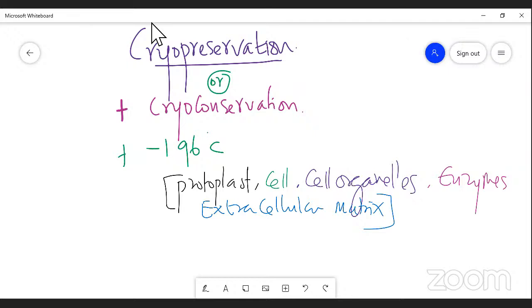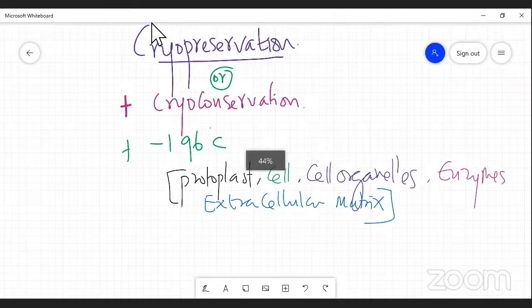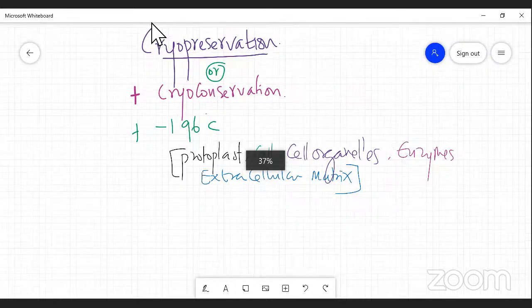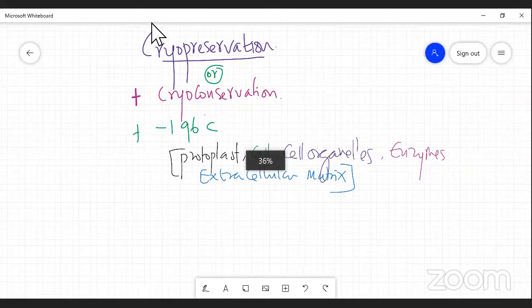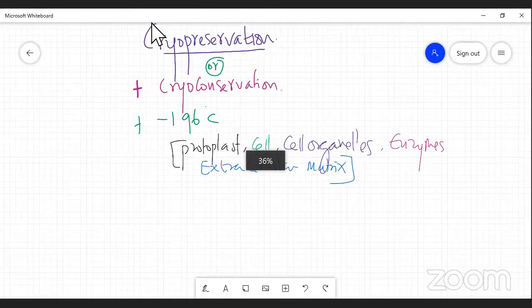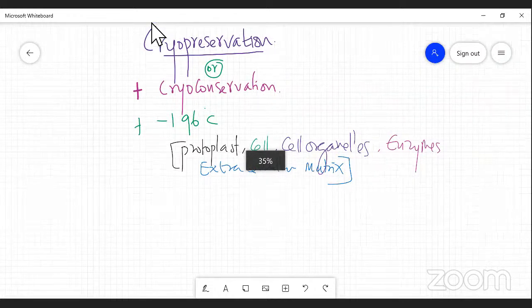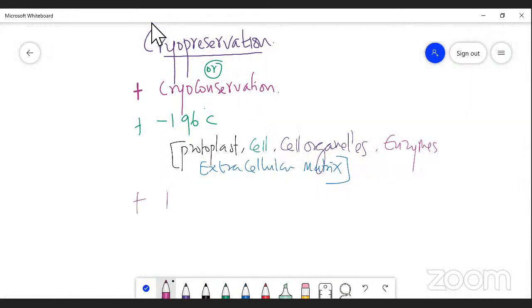Here, cryo preservation depends on a chemical agent, that is nitrogen. Liquid nitrogen is used. It is in the form of liquid, right?